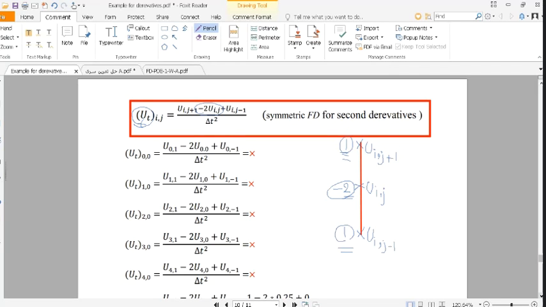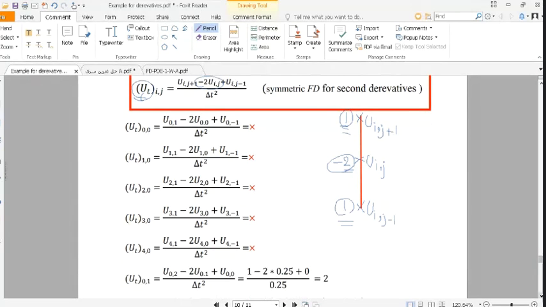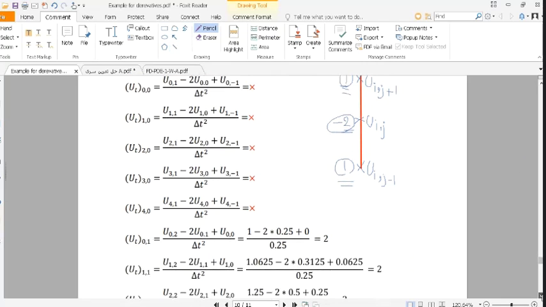We are trying to compute UTT for each point of a grid. For the first point, if we want to compute UTT for the point at the first line, we have u 0 and 0, then we have u 1 and 0.